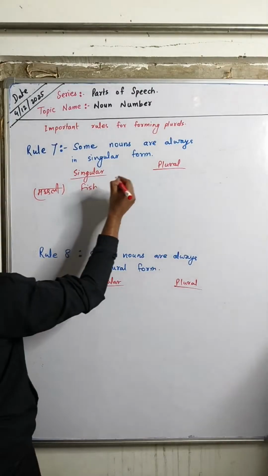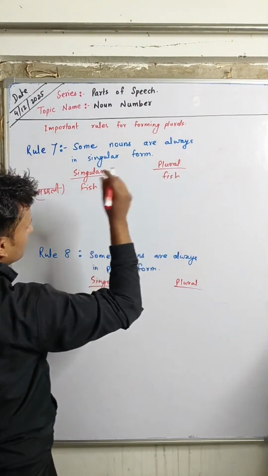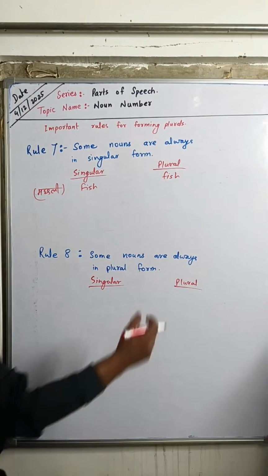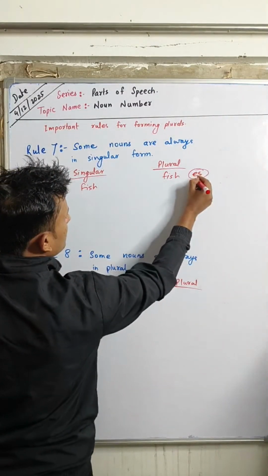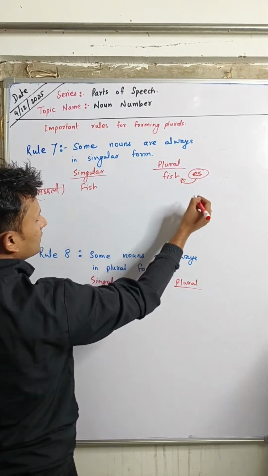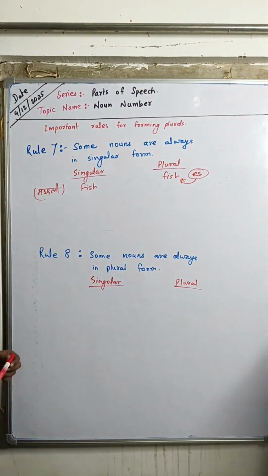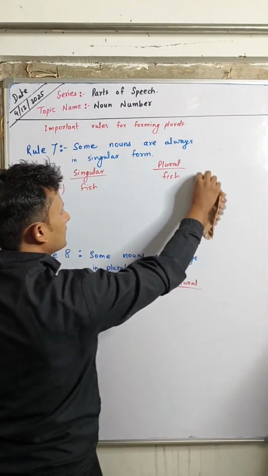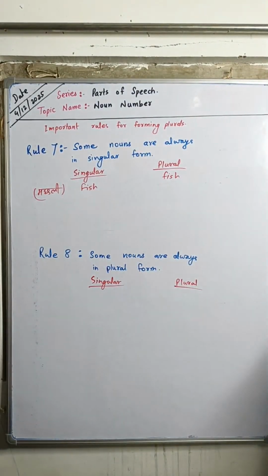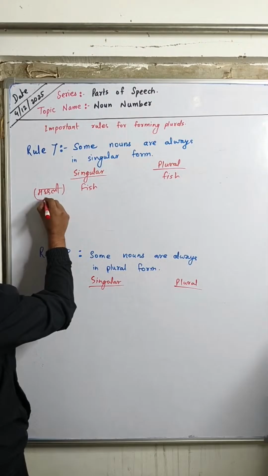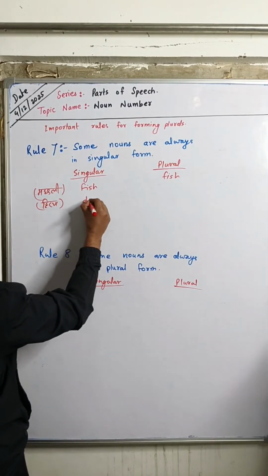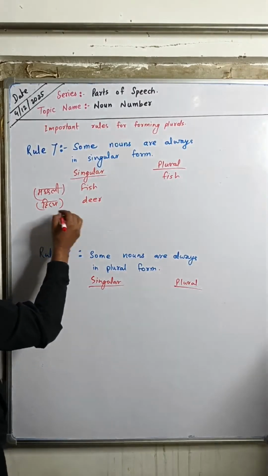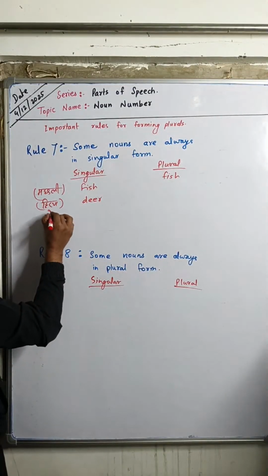Yes, fish is singular as well as fish in plural. Both are the same. We do not add es to these nouns. Hiran, deer, and the other is bher, sheep.